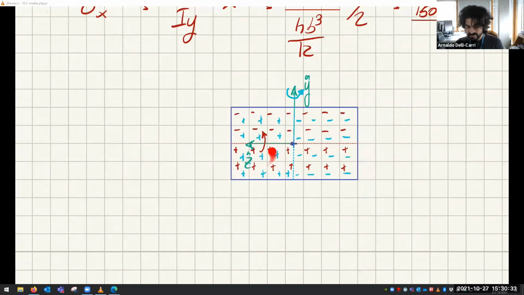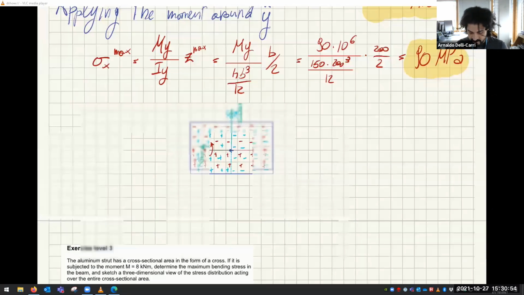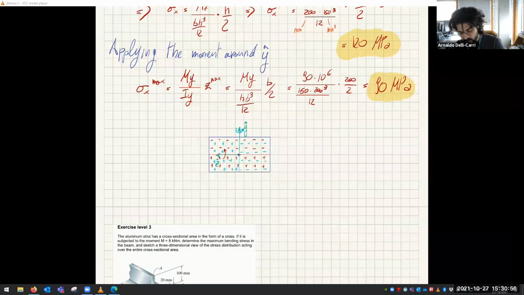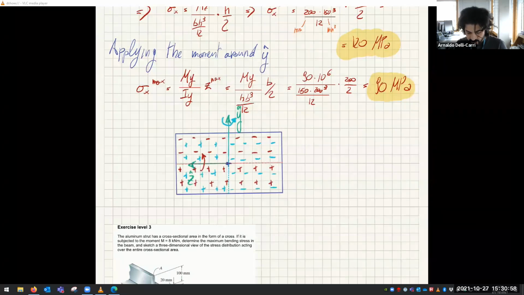And the largest stress resides at one of these corners, depending on how strong these moments are. Here you have the largest tensile stress, and here you have the largest compressive stress. Again, this is advanced stuff that you'll probably do much more in detail next year, so don't worry too much about it.